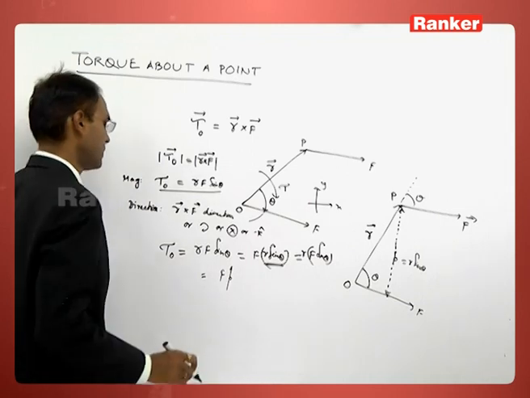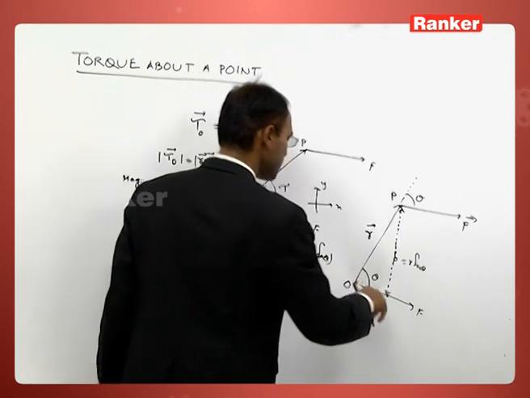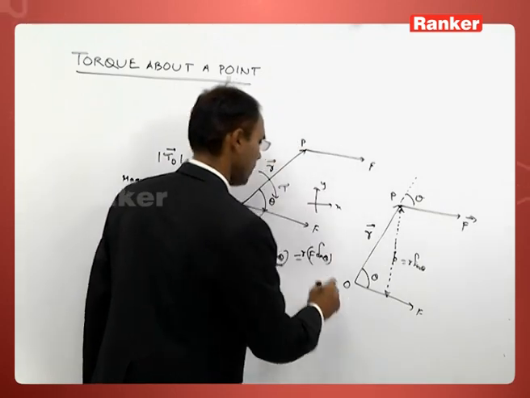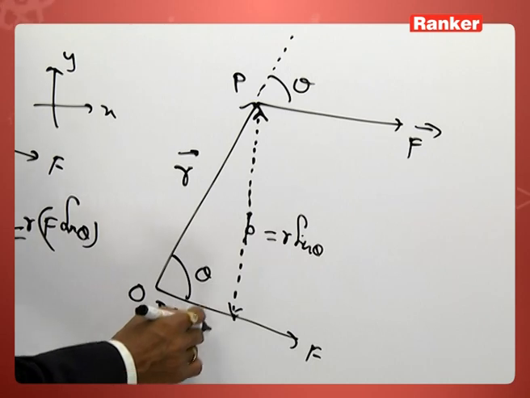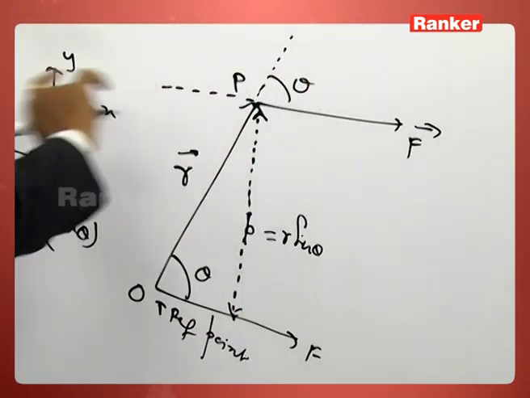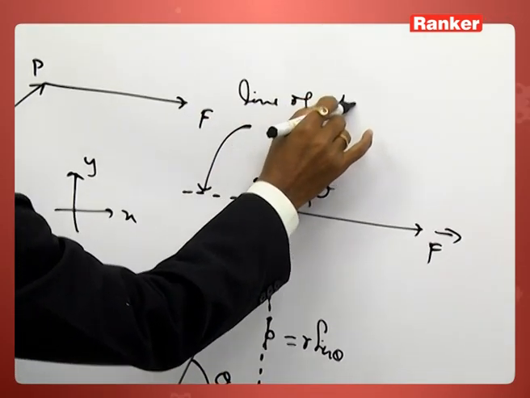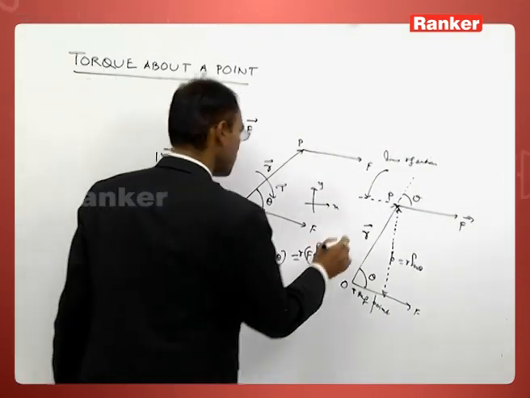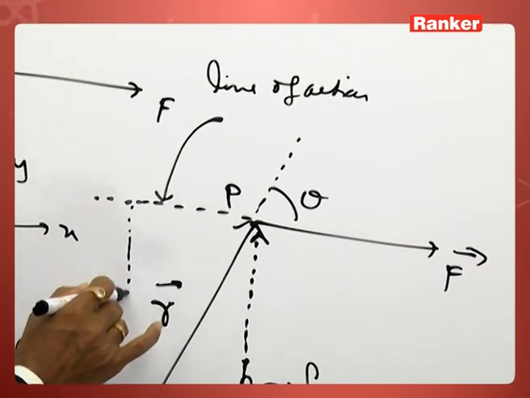The force into the perpendicular distance from the reference point onto this line. This is the line along which you are applying the force, called the line of action. This P can also be called the perpendicular distance from the reference point onto the line of action.